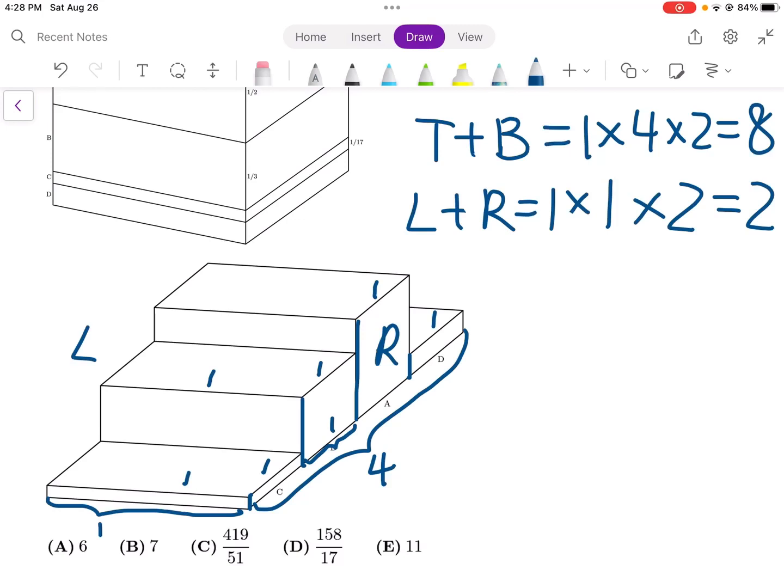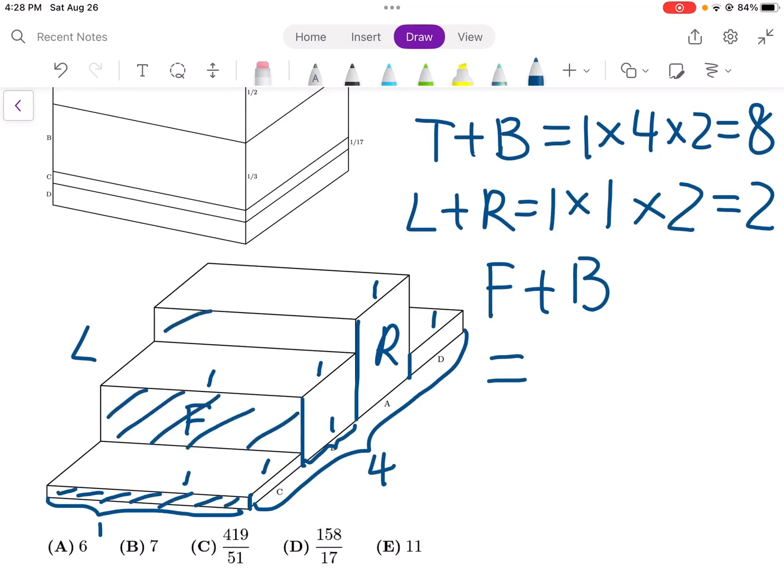And then we calculate the front side and the back side. Front plus back. We can observe that this area and this area and this area will add up to this height multiplied by this length. This is 1 and this is A, its thickness is 1/2.